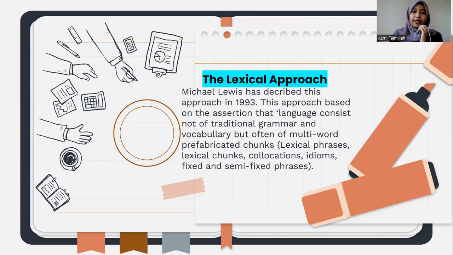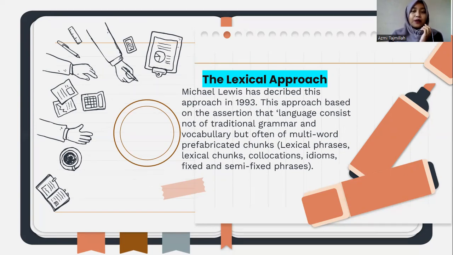For example, the teacher asks students to add intensifiers to suffix expressions, and then the teacher can ask their students to read a text and then ask them to underline all the nouns that they can find, and then underline any verbs that they can find to collocate with those nouns.